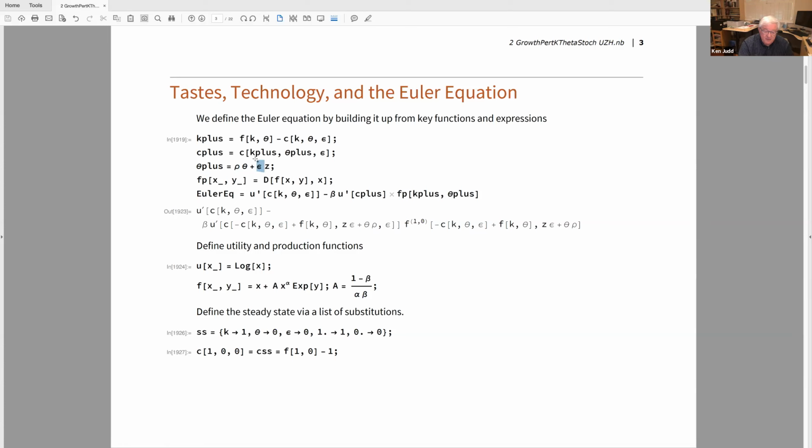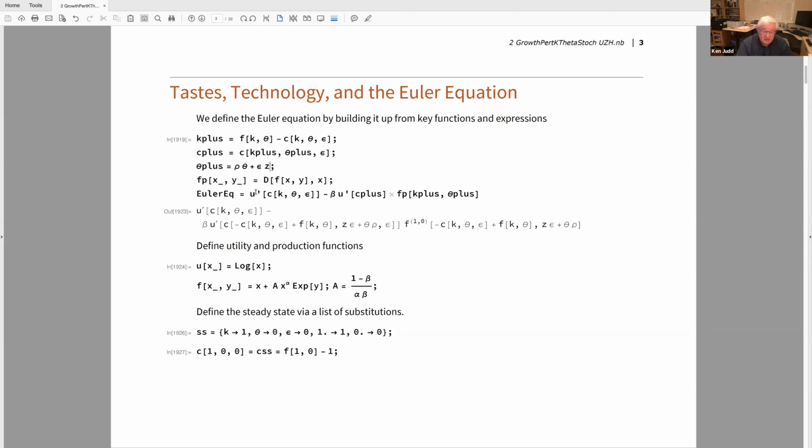So we're going to add epsilon times z. Epsilon now is scaling the innovations to the productivity parameter. When epsilon is equal to 0, this is a deterministic model. And as we increase epsilon, we're going to add noise to the theta process.